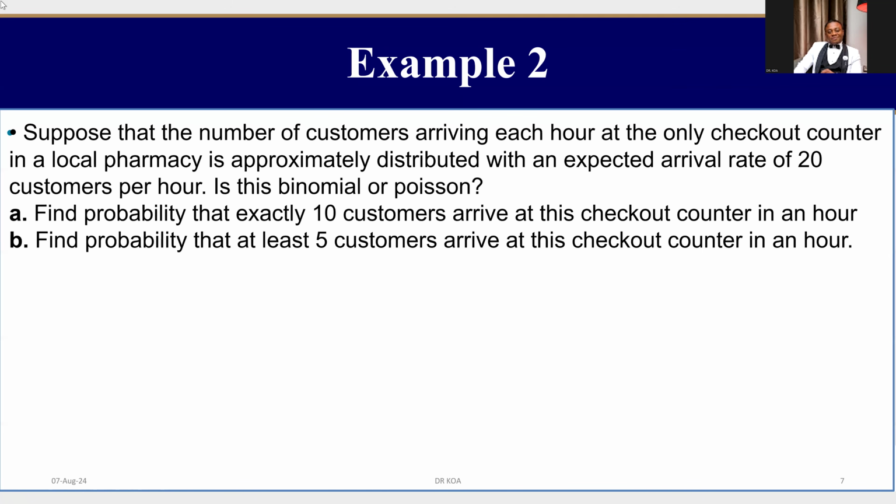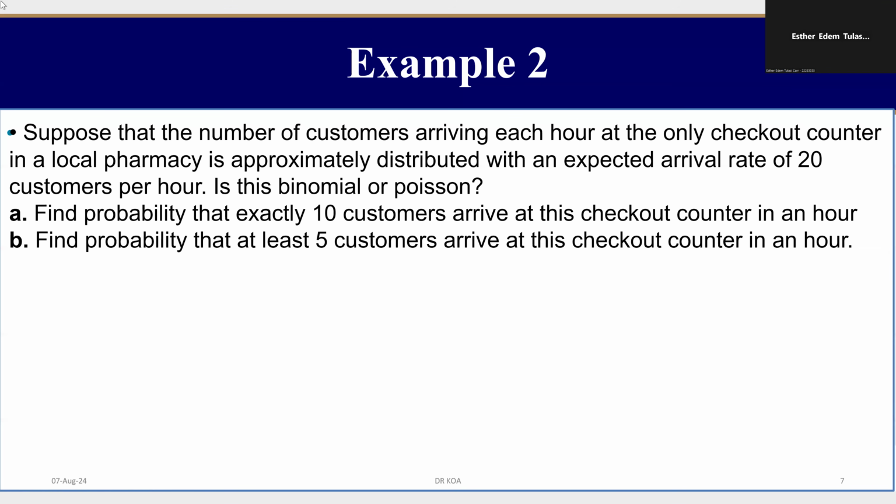Find the probability that exactly 10 customers arrive at this checkout counter. So in Poisson here, all we need is the mean. So what is the mean here? Esther? 20. Yeah, that's correct.